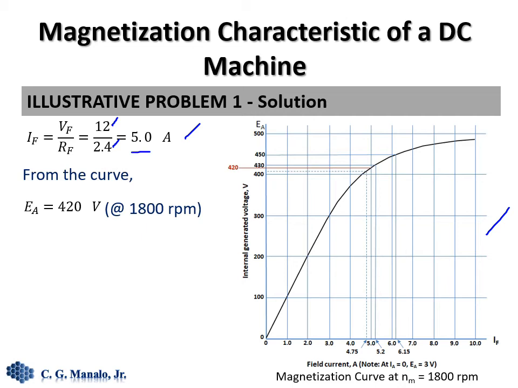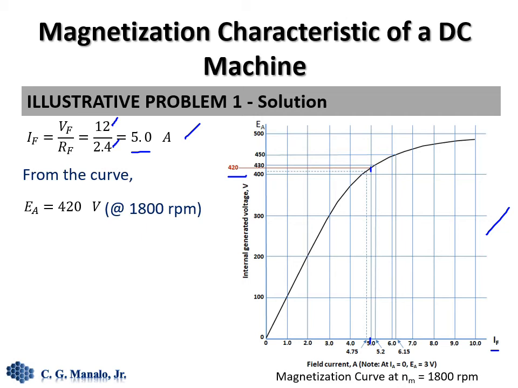So we get 5 amperes. Then we look at the curve for 5 amperes of I sub F, and for that amount of current, we get, according to the curve, a voltage of 420 volts.